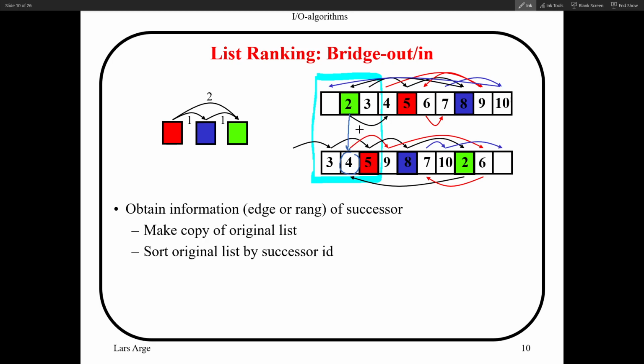So therefore I will know that 2 steps ahead from 2 I will get to element number 9. Similarly, 2 steps away from 3 I will get to element 8, and once I read, for example, this block, I will know that 2 steps from 5 I will get to element 2, or to this green element. This is how we can do bridging out by sorting based on the IDs.